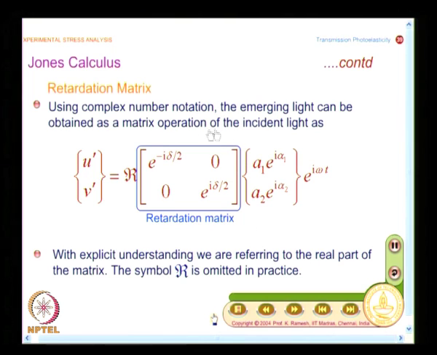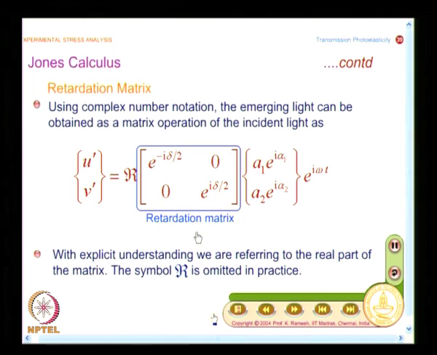This is what happens inside the retarder, within the crystal plate. The ordinary and extraordinary beams acquire a phase difference of delta, which is represented as one half split to the slow axis and another half split to the fast axis.